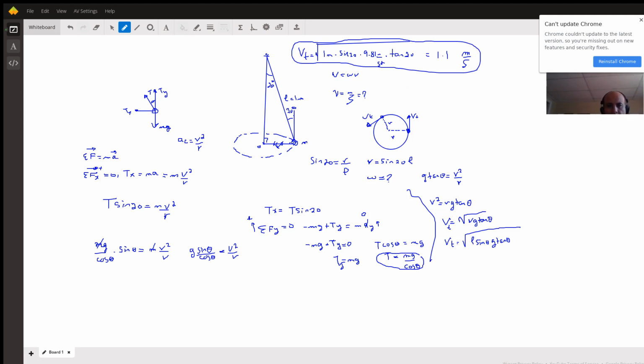Let me make a quick check of the calculations. So I got 1 sine 20, that's my R, times 9.81 times tangent 20, 1.22, take the square root of that, 1.105, I'm just going to call it 1.1 meter per second. And that's how you get around not knowing what omega is in order to solve this problem.